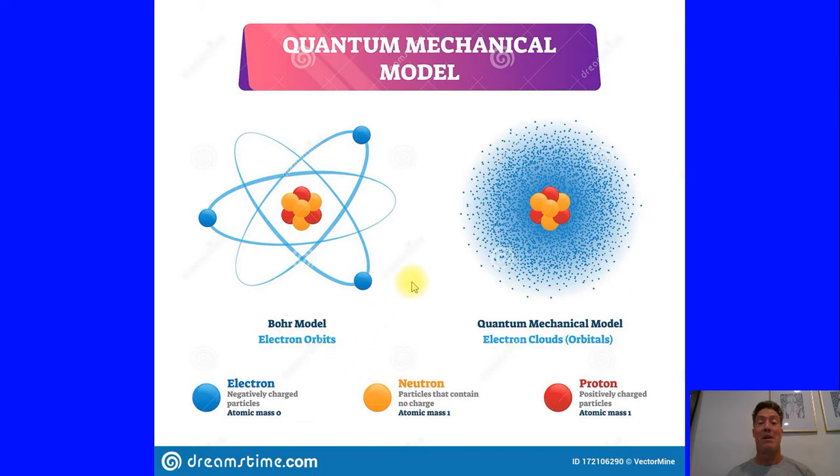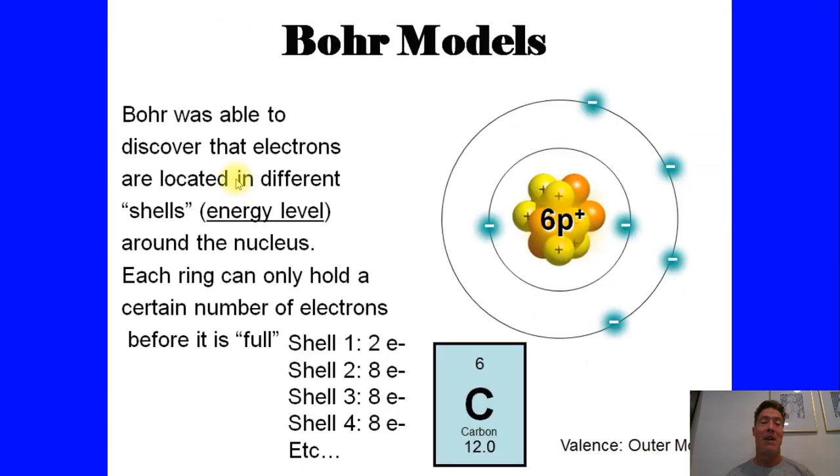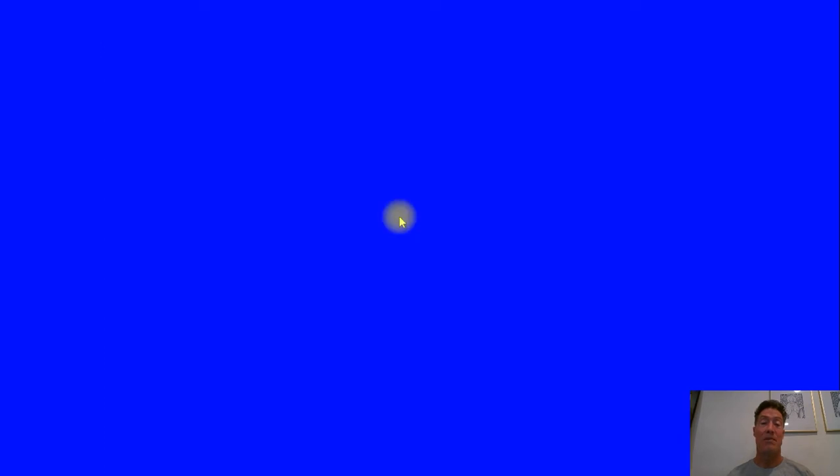We talk about electron orbits and keep track of electrons like planets, even though we know that's not really what's going on. We talk about energy shells and keep track of each electron in each shell.